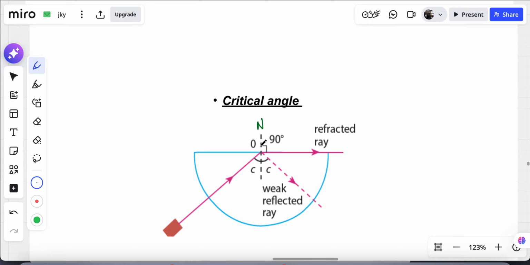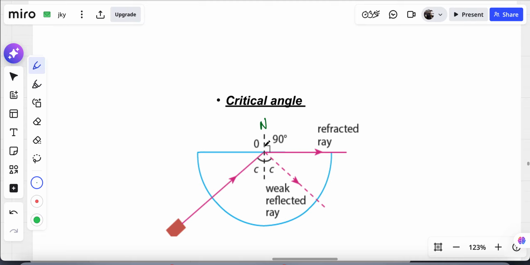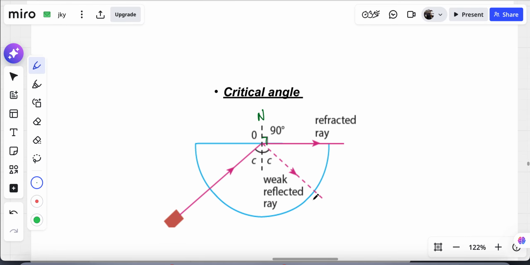See, this is the 90 degrees. Or you can use the words moving at the boundary between the two media. That angle of incidence for which this happens is called the critical angle. Still, only weak ones are reflected in.